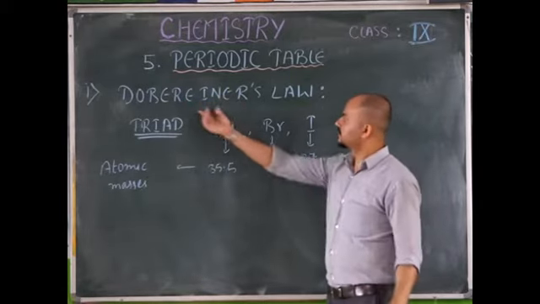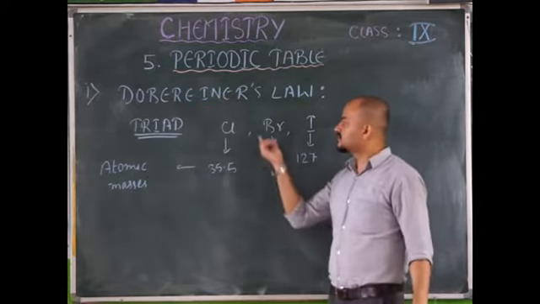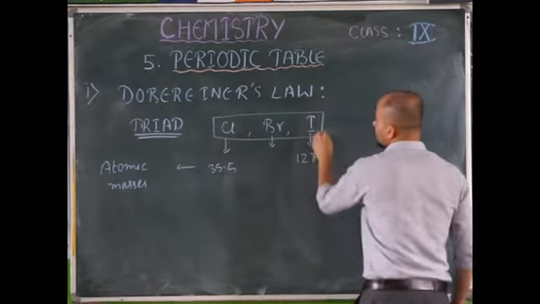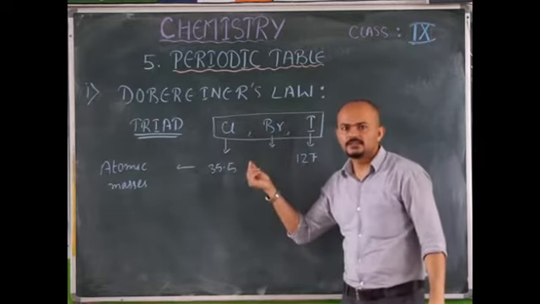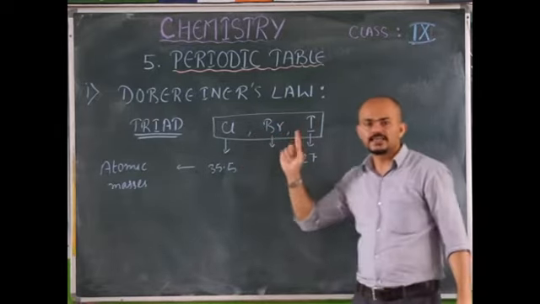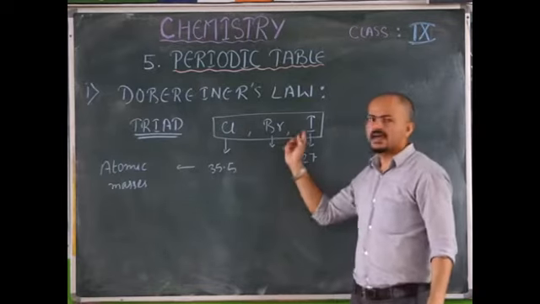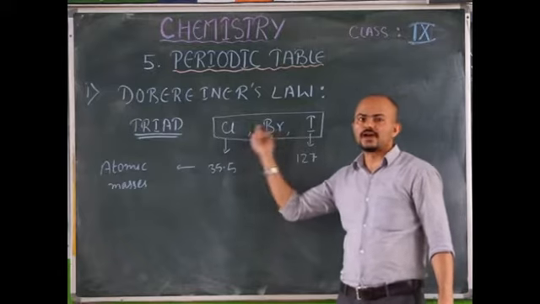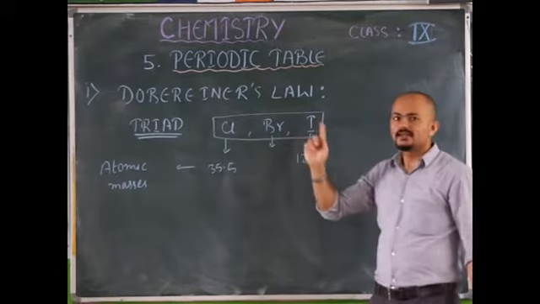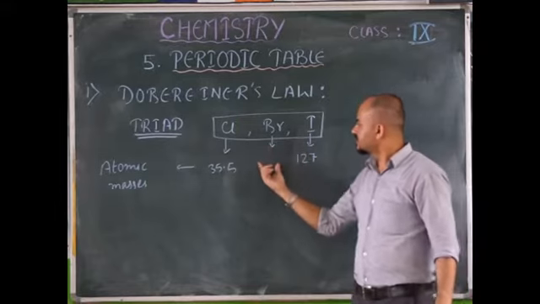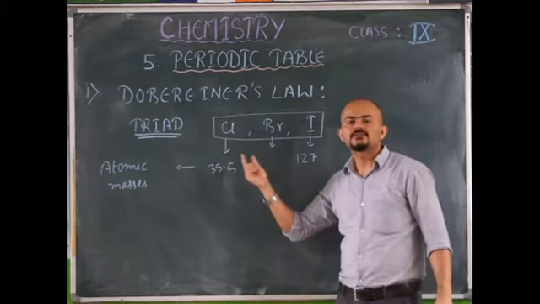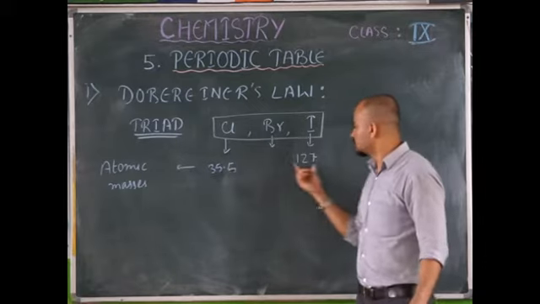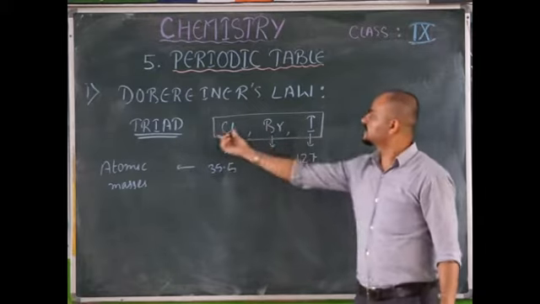Now, he told that the atomic mass of this middle element, now these three, you saw that their properties were similar. All of them are electronegative elements, and all of them have valency 1. Therefore, he classified them into triads, that is three. According to this law, the atomic mass of the middle element can be calculated by the arithmetic mean, that is the average of the atomic masses of the other two elements.